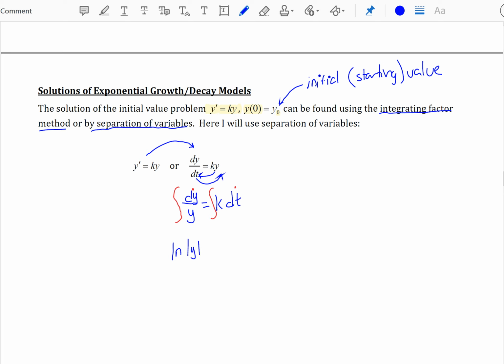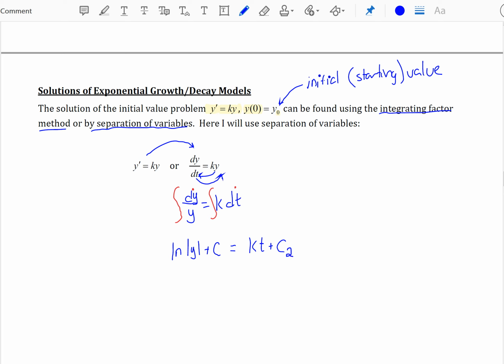And because we have an indefinite integral, we would have an arbitrary constant of integration on the left. Similarly, the right-hand side, the antiderivative of k dt would be kt, and because it's an indefinite integral, I'd have another arbitrary constant on the right-hand side.